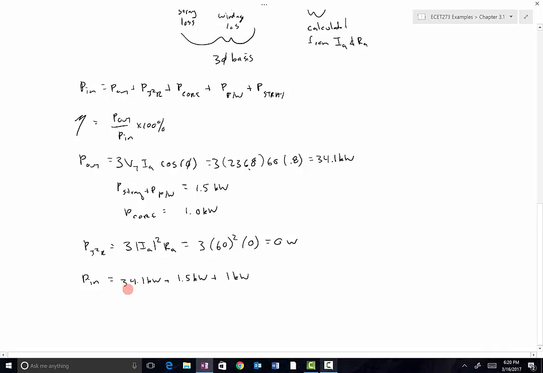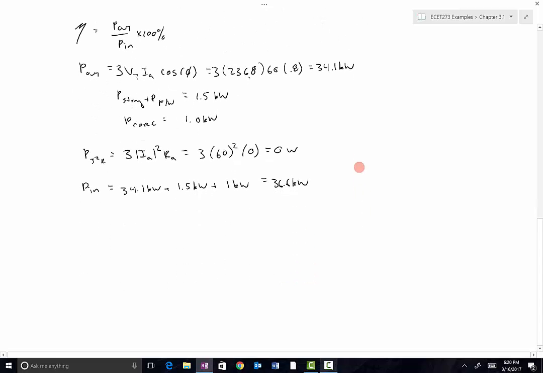That's 36.6 kilowatts as the input power required to deliver 34.1 kilowatts to the load. The efficiency is then 34.1 over 36.6 times 100%, which gives an efficiency of 93.2% for this generator.